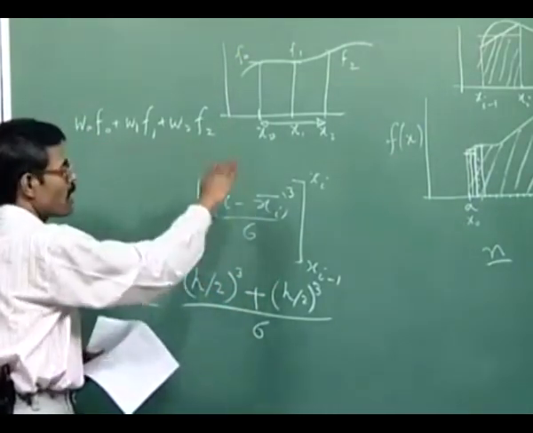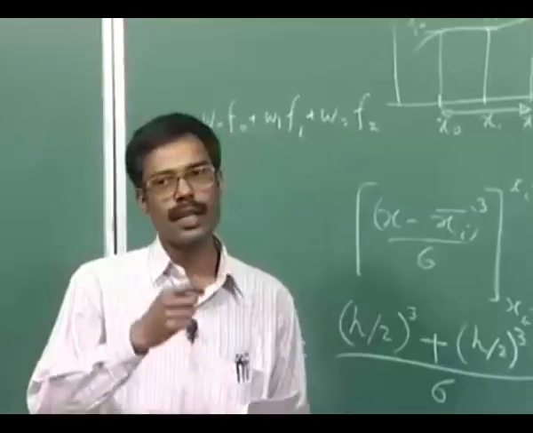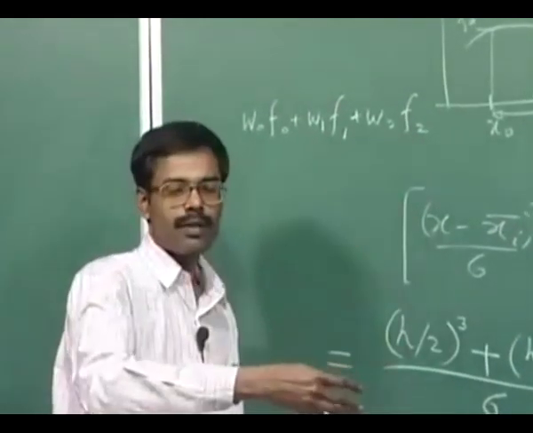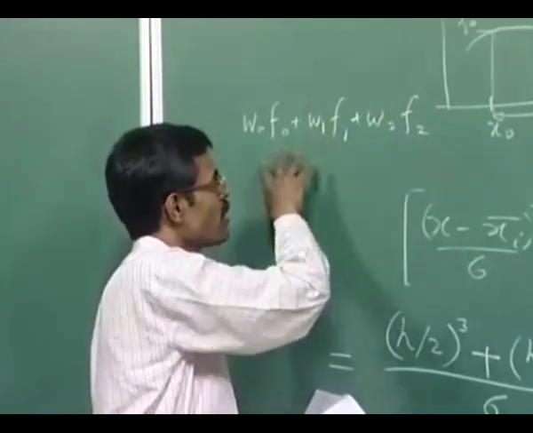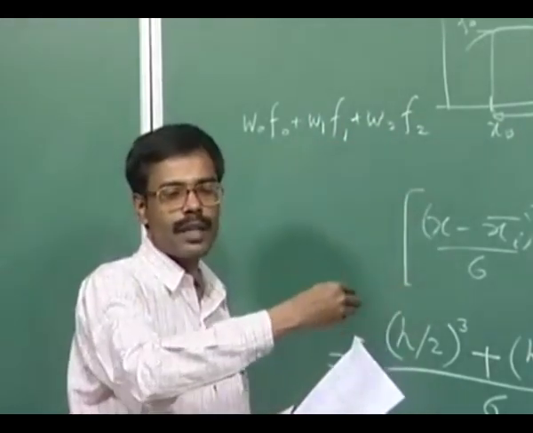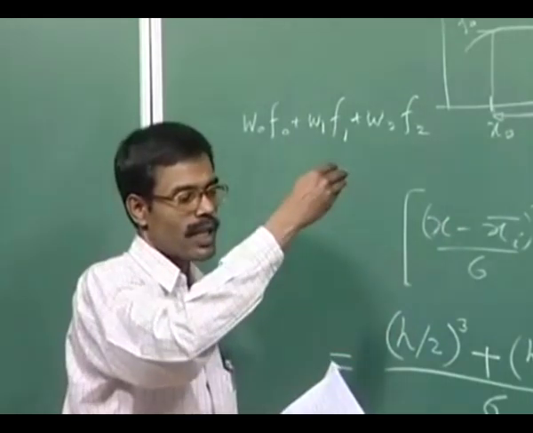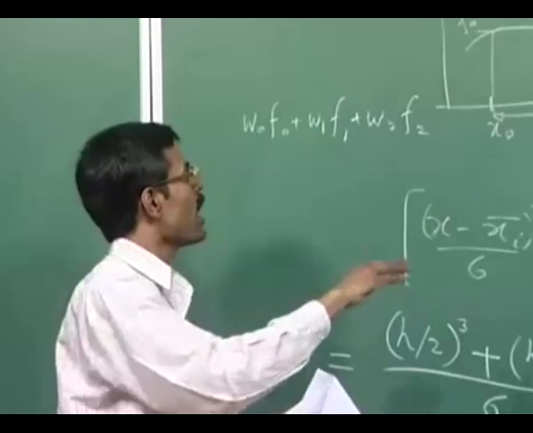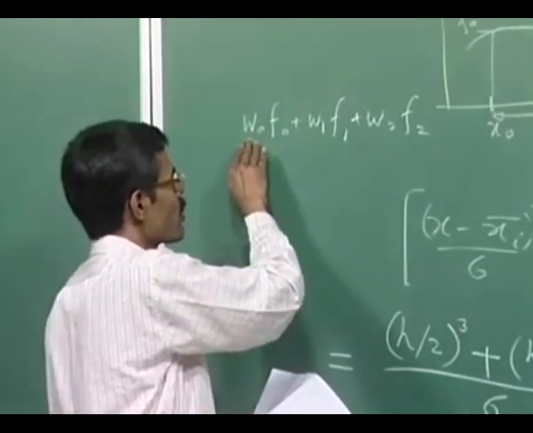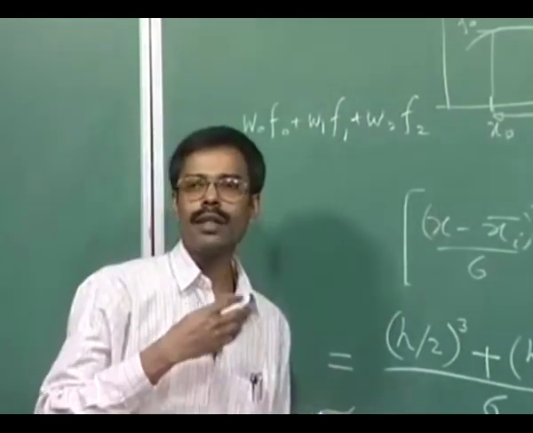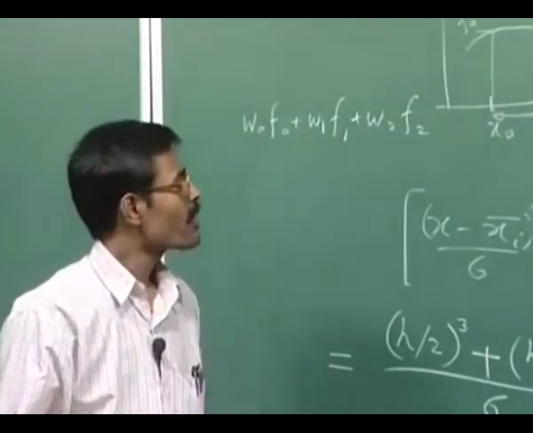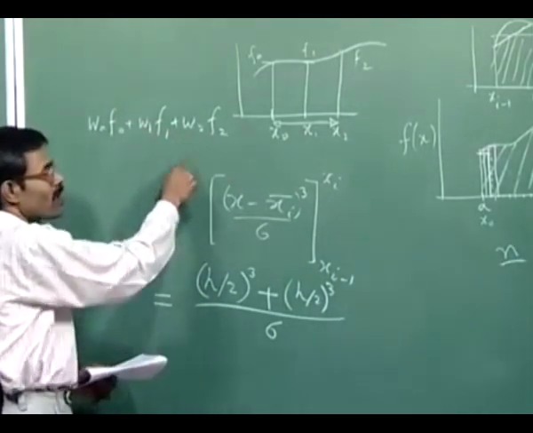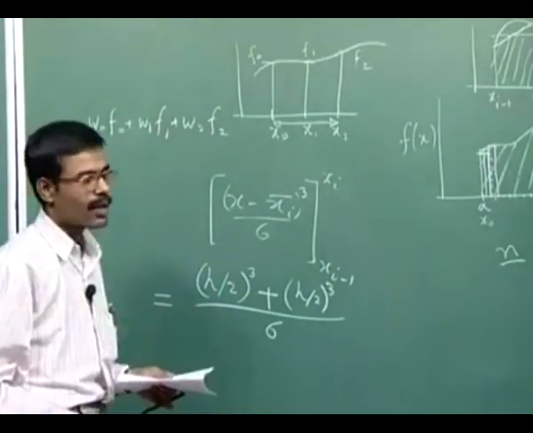So, that means you conduct the Taylor series approximation and integrate that, and you subtract that from this to get the error estimate in terms of h, and from that say that the h term, h square term and h cube terms, these three terms must be 0, and from that frame equations on W0, W1 and W2 and then get the correct values. This will be 1 by 3, this will be 4 by 3, this will be 1 by 3. So, that will be another way to arrive at Simpson's 1/3 rule.